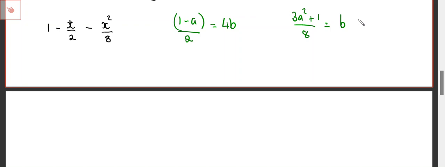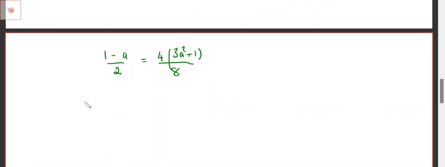So you can substitute (3a squared plus 1) over 8 for b. So (1 minus a) over 2 equals 4 times (3a squared plus 1) over 8. So you can get 1 minus a equals 3a squared plus 1.